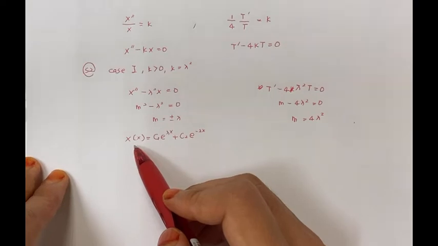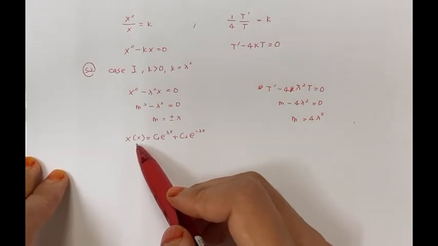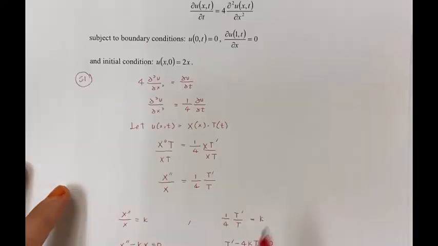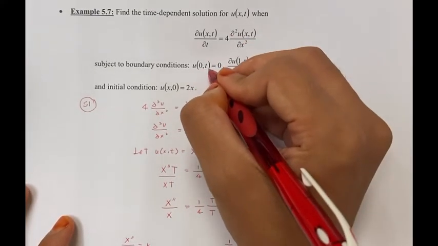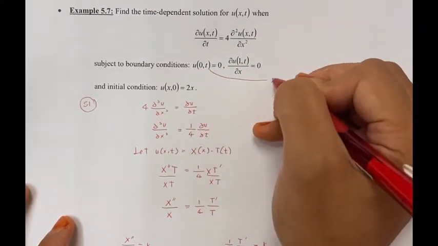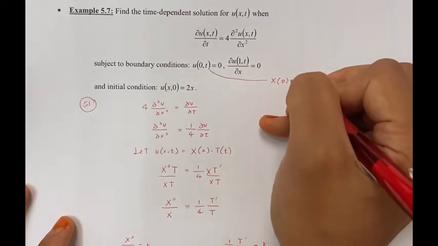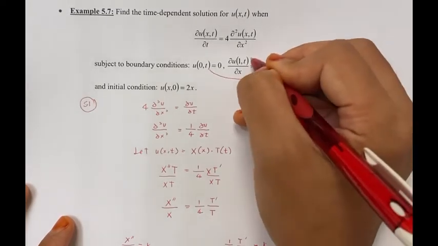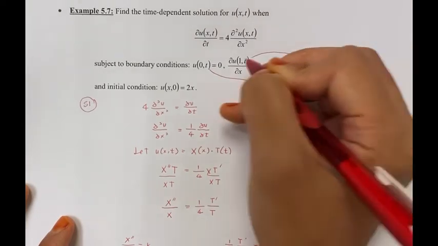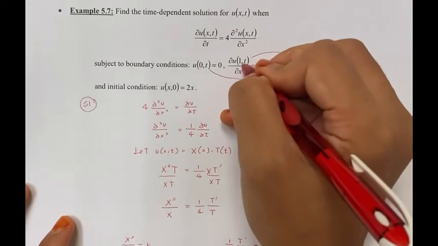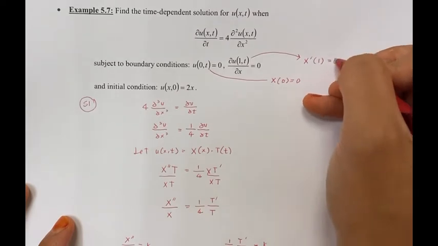we can substitute the boundary conditions here. We have two boundary conditions. For the first one, you have X(0) equal to 0, and the second one is X prime of 1, when x equal to 1, equal to 0.